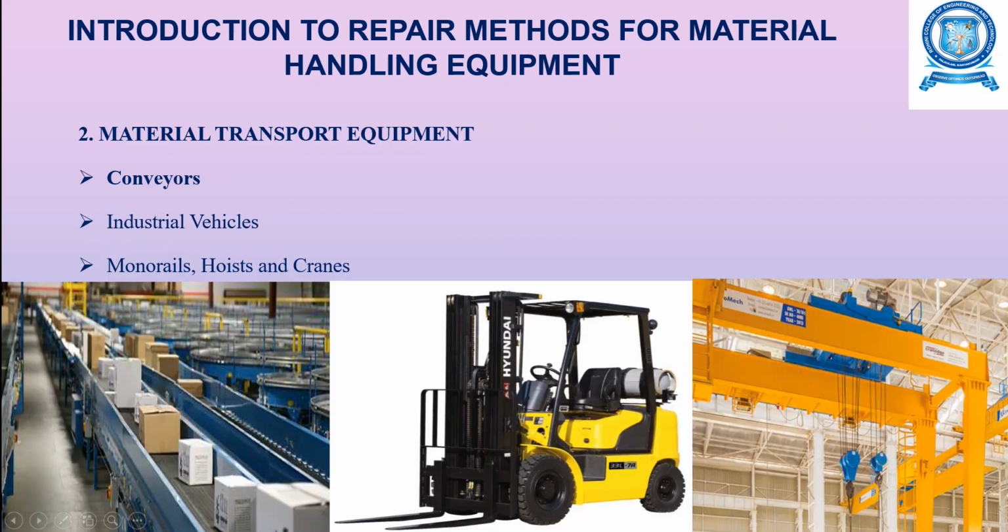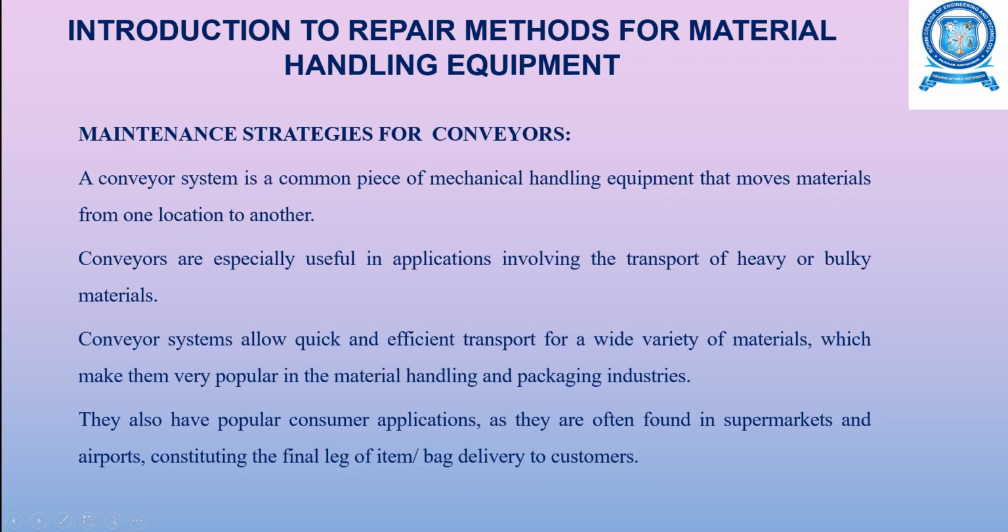And the second is the material transport equipments, in which you have conveyors for transporting the material, and you have industrial vehicles and monorails, hoists, and cranes. So the maintenance strategies for conveyors.